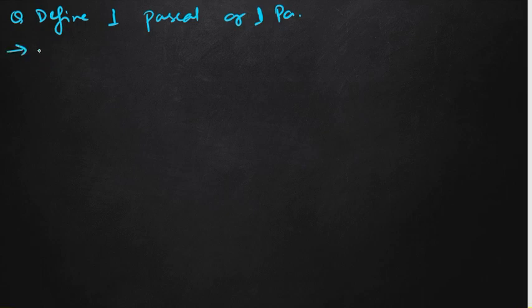How will we define 1 Pascal? Pascal is Newton per meter square, which means Newton is a force. So if we apply a force of 1 Newton on an area of 1 meter square, then we get 1 Pascal.